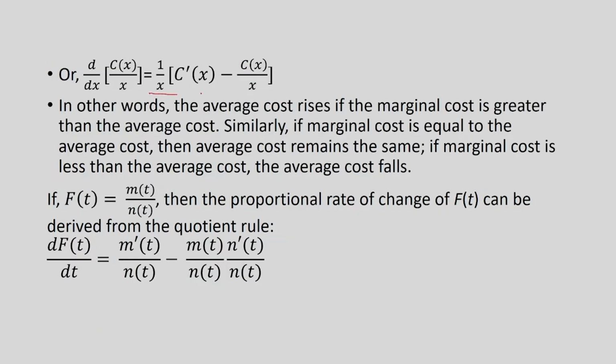If I simplify it a little bit, it becomes 1 divided by x, whole thing multiplied by C prime of x minus C(x) divided by x. In other words, the average cost rises if the marginal cost is greater than the average cost. Why am I saying this? Because this first expression, if you remember, is called the marginal cost. We have talked about this before, and this itself is average cost.